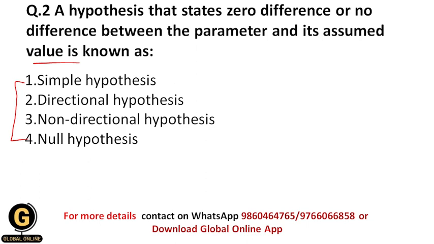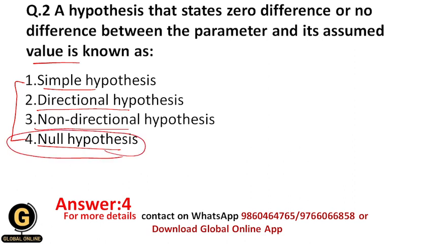Okay, so whether it is simple hypothesis, directional hypothesis, non-directional hypothesis, or null hypothesis. So obviously students, as we have seen earlier, it is called the null hypothesis. Within the null hypothesis we predict that there is no effect or there is zero difference between the variables under the study. Okay, and that's why your correct answer is 4, that is null hypothesis.